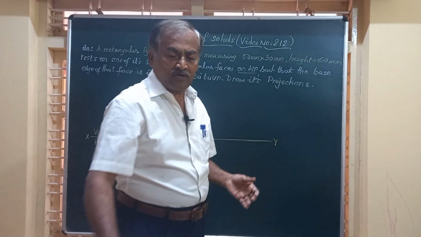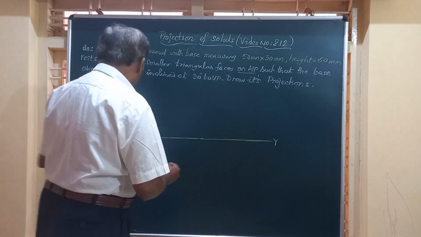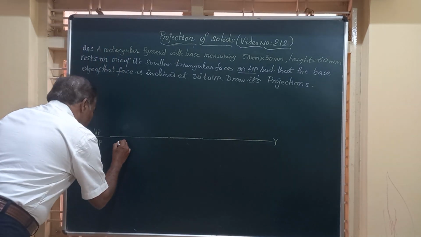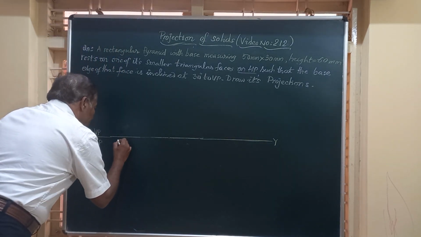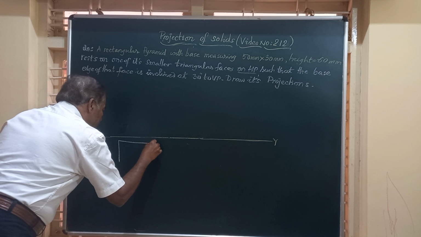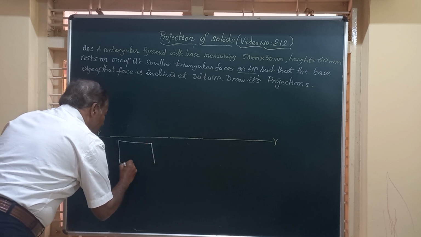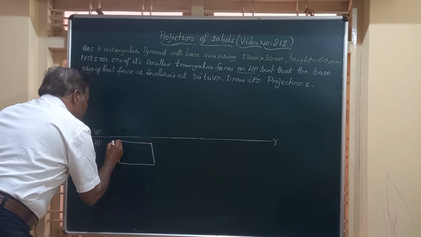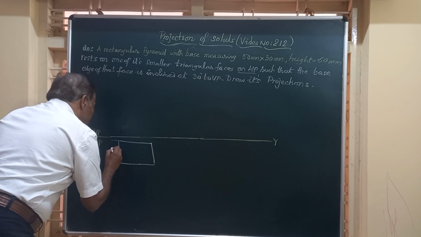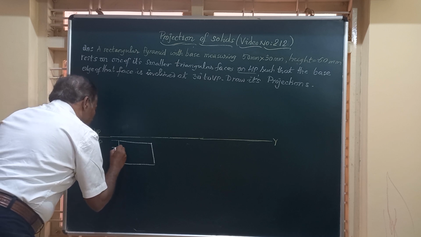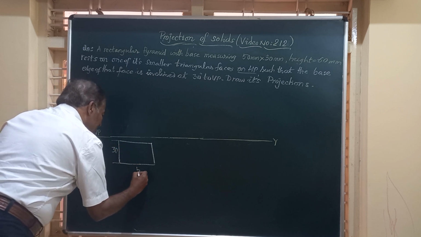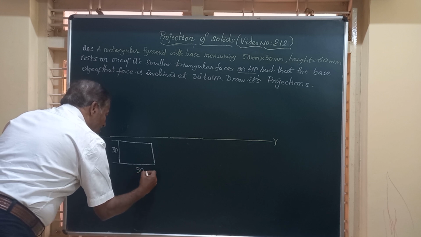So let us start with the top view of the pyramid. The top view is going to be a rectangle of dimension 50 mm by 30 mm. So 30 mm is the smaller side and 50 mm is the larger side of that base.